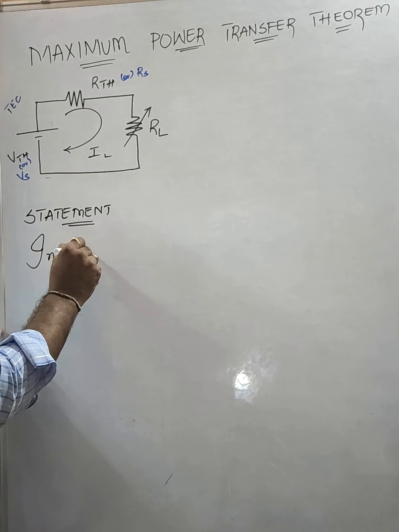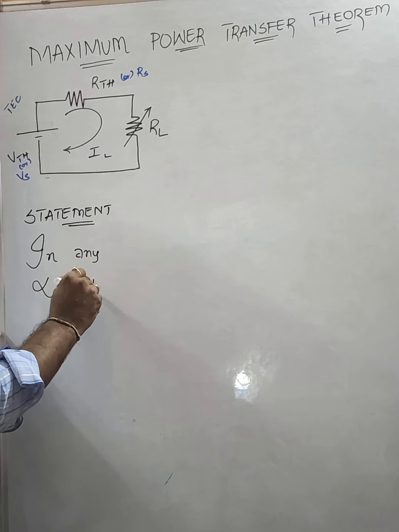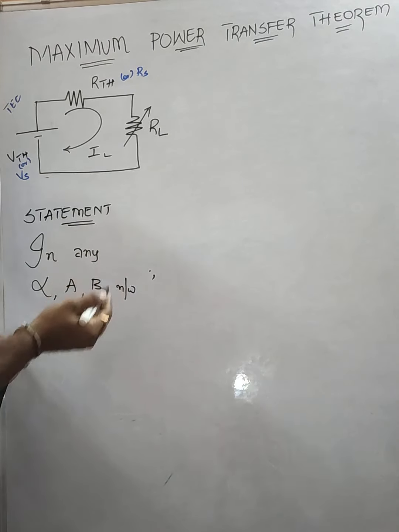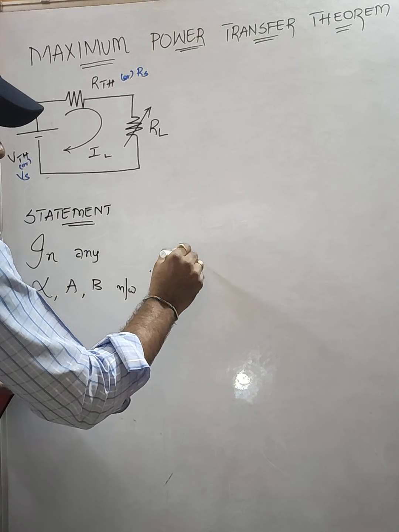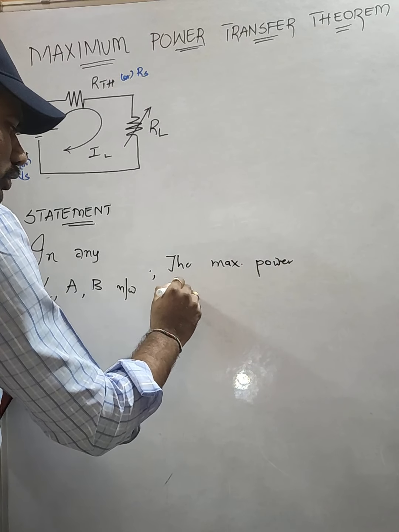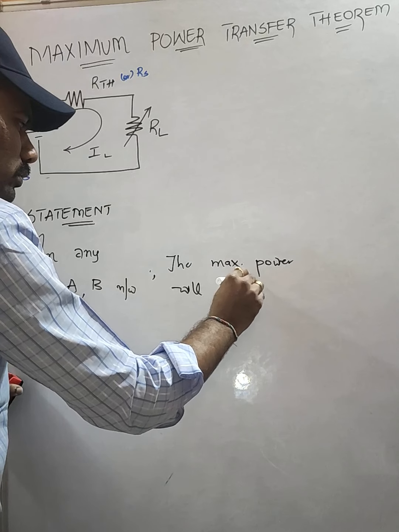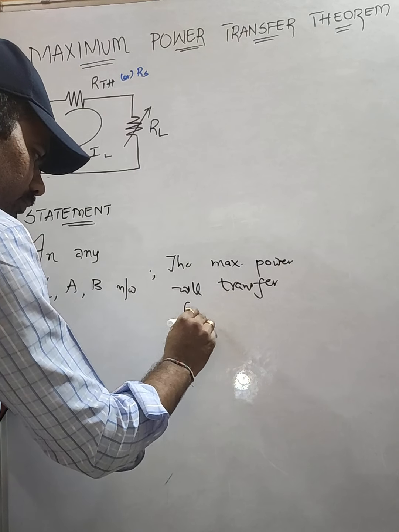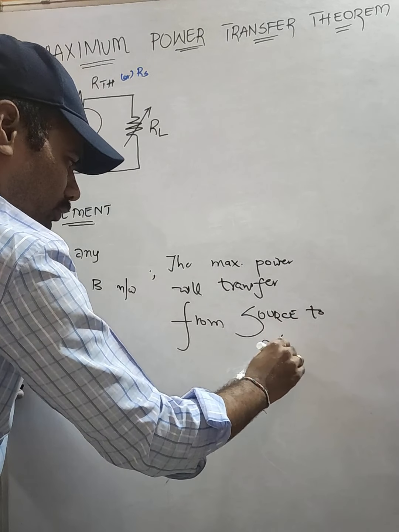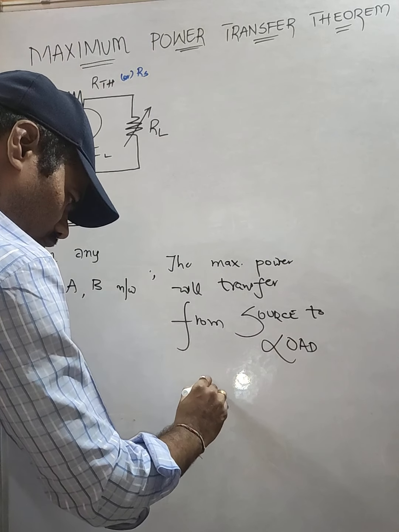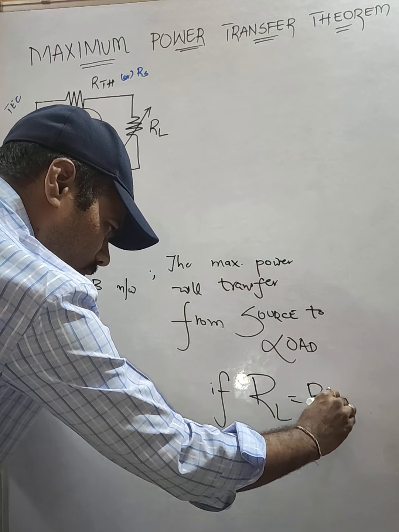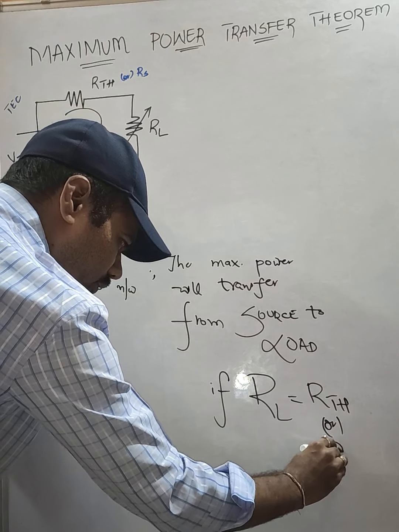In any linear active bilateral network, the maximum power will transfer from source to load if the condition is met: load resistance is equal to Thevenin's resistance or source resistance.